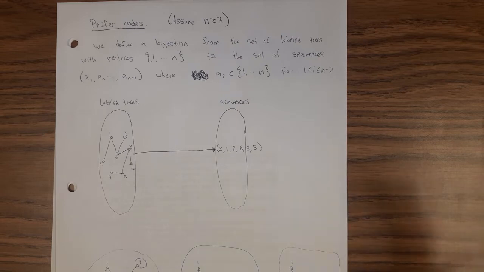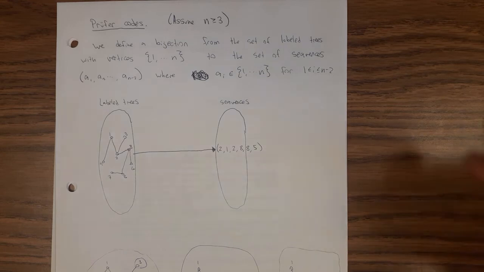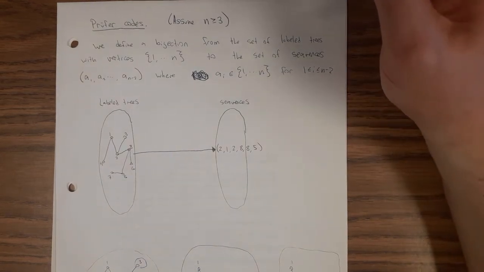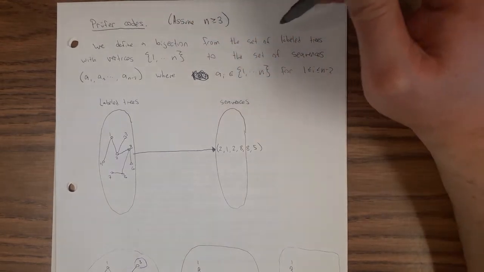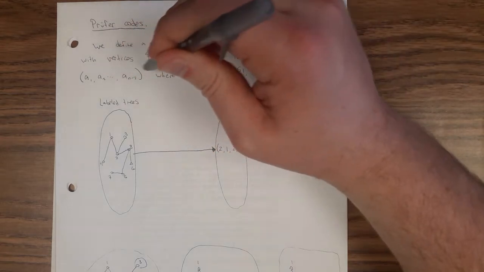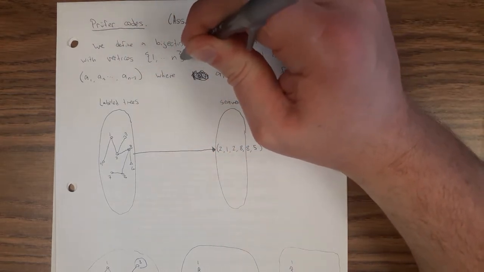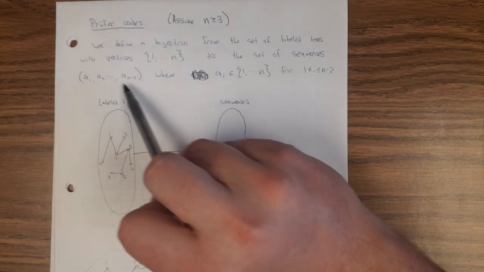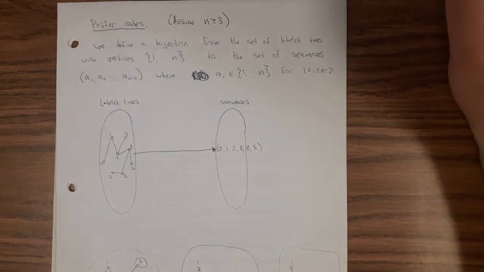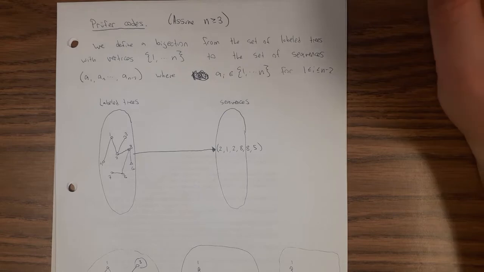Two sets have the same cardinality if and only if there's a bijection from one to the other. So if we have such a bijection, that means that the set of labeled trees that we're trying to count has the same cardinality as the set of sequences that we're discussing over here.